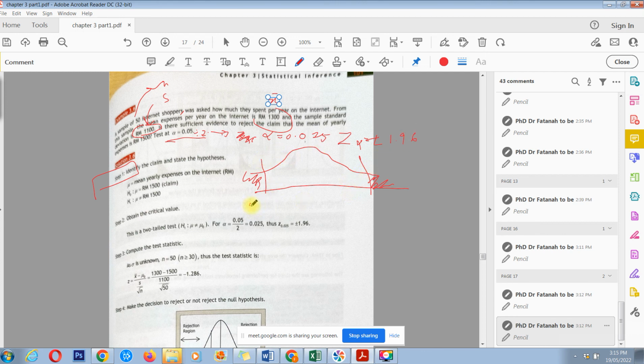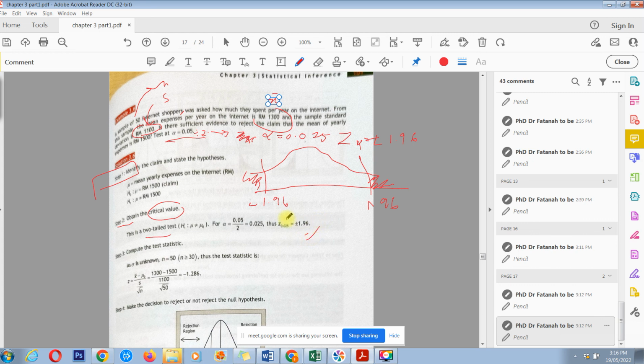So negative 1.96 and 1.96. Okay, we settle the second step, which is to find the critical value. Because this is two tail, we divide 0.05 over 2, 0.025, and then we get this.